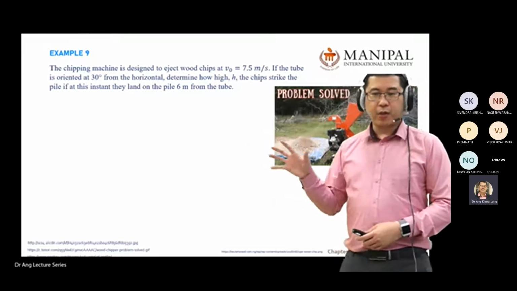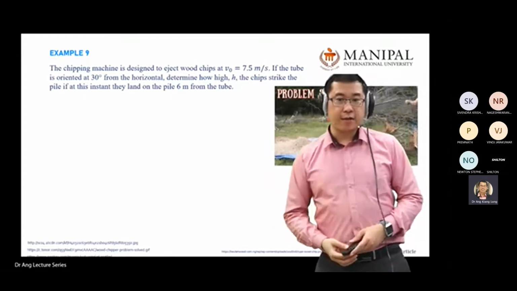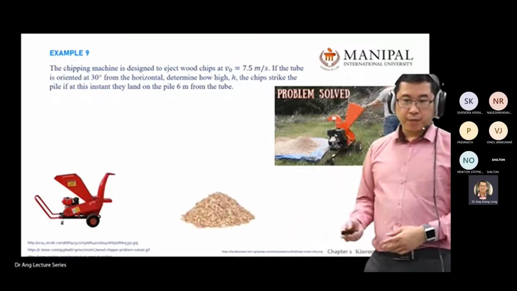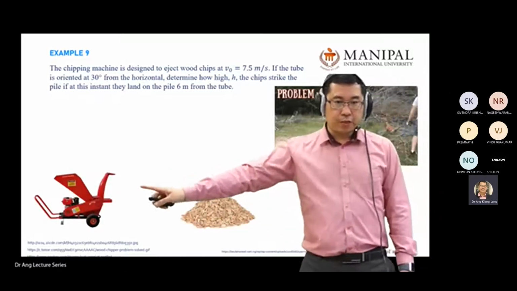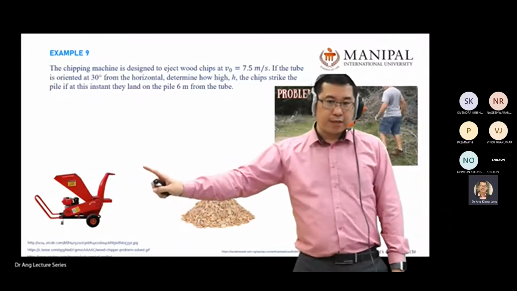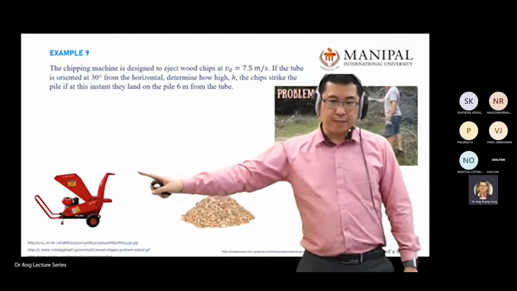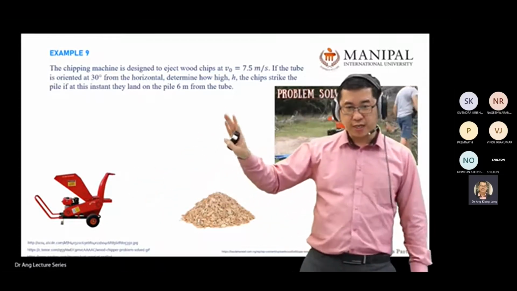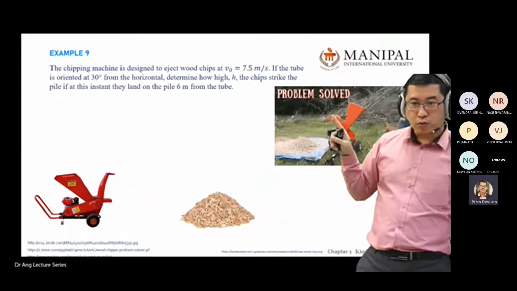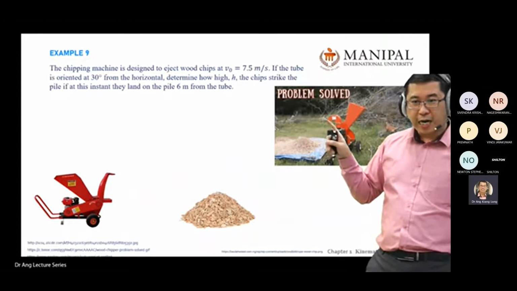And if you are downloading the tutorial question, you're going to get the diagram instantly. All right, so this is the chipping machine, like what you see over here. When you chip, the chip will fly from the mouth over here, and you can control the angle of the output.